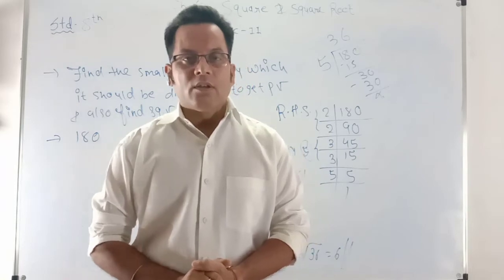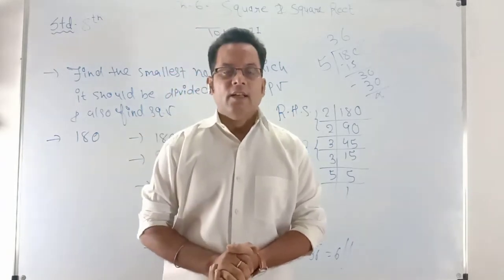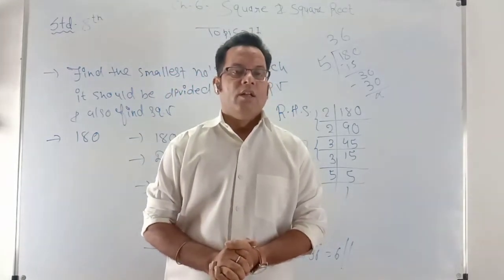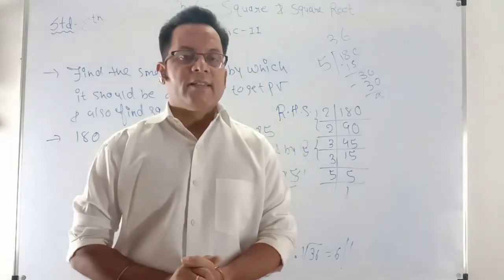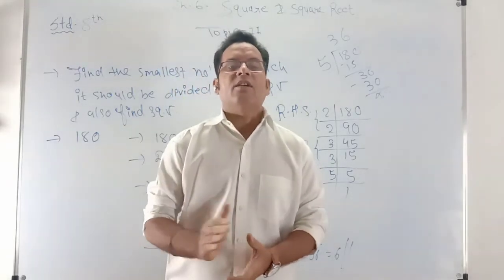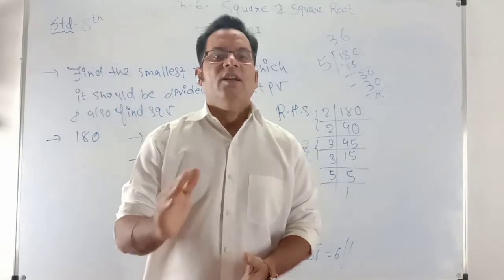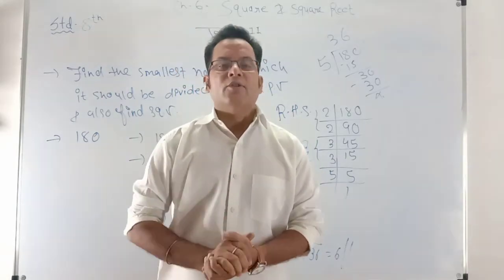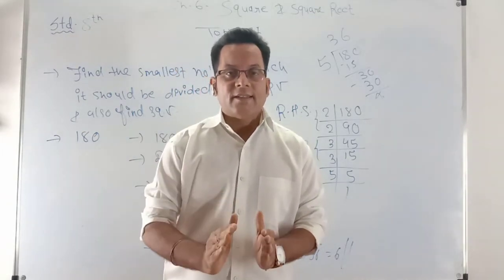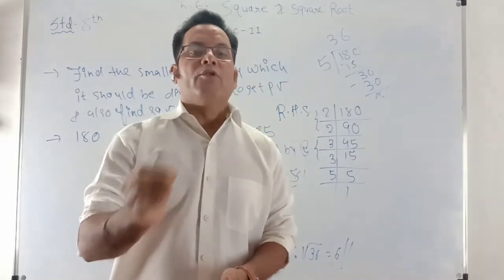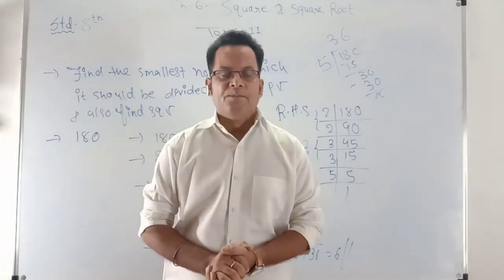Now square root also we studied. Square root means what? Suppose 4 square is 16. You have to see the given number is the square of which number? 16 is 4 square, so 4 is the square root of 16.